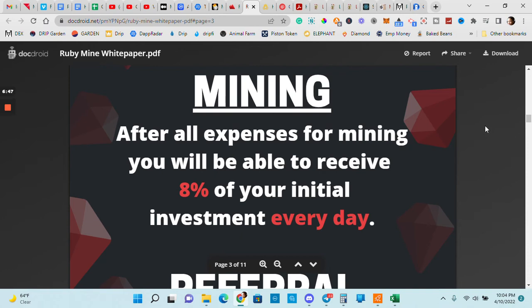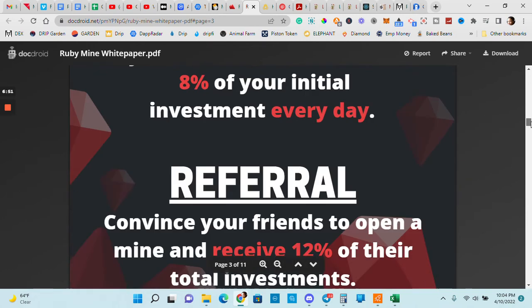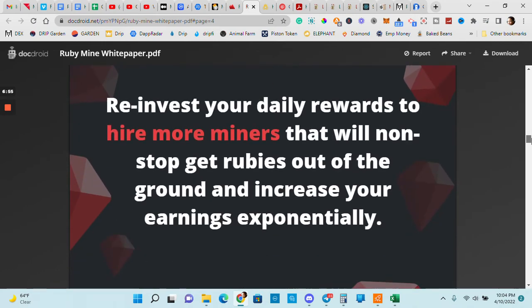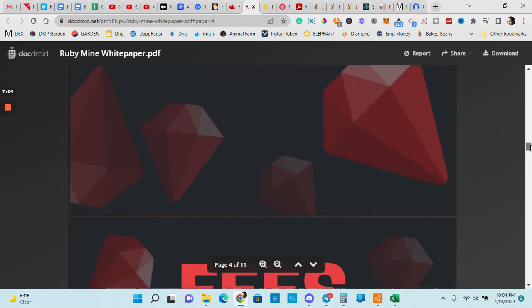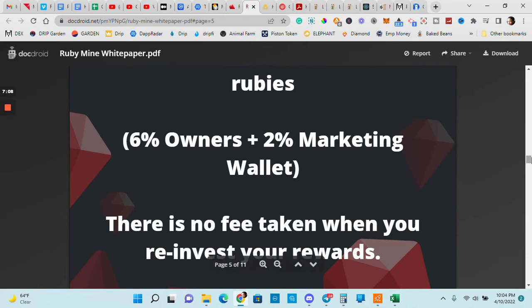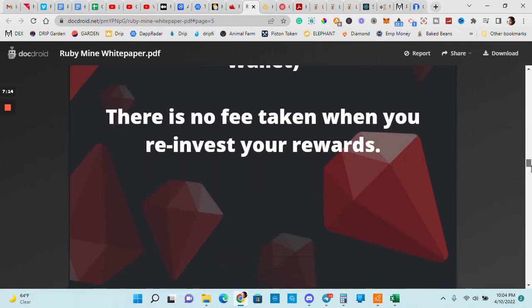All right, so let's see. After all expenses for mining, you'll be able to receive 8% of your initial investment every day. They have a referral program. Reinvest your daily rewards to hire more miners that will non-stop get rubies out of the ground, increase your earnings exponentially. There is an 8% fee on investments and sale of rubies, 6% to owners, 2% for marketing wallet. There is no fee taken when you reinvest your rewards.